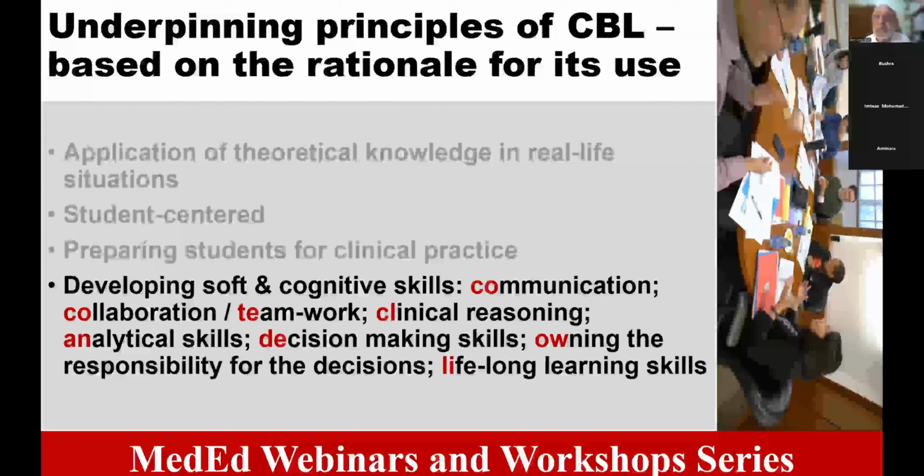And if you see, these are all such important attributes which we want to see in our graduates. So that justifies the use of case-based learning as a teaching learning method in our undergraduate medical program.